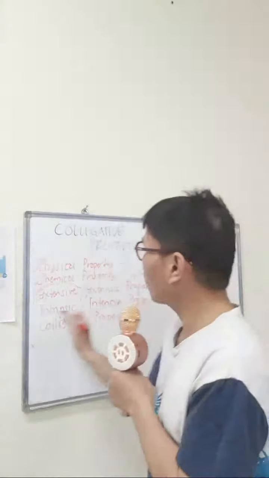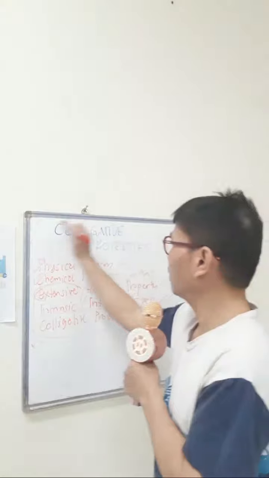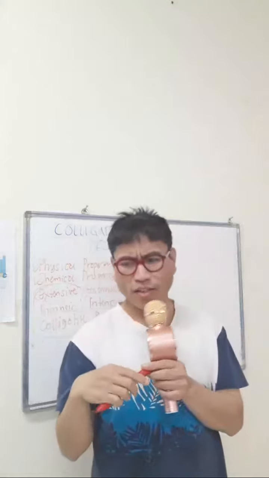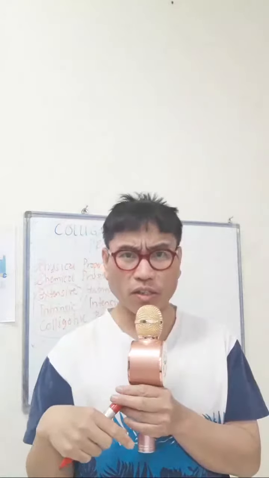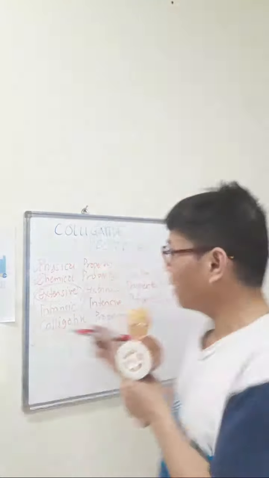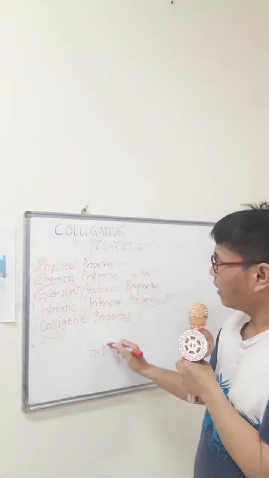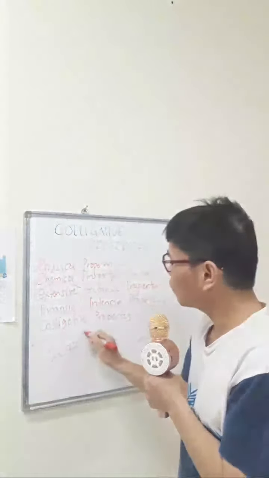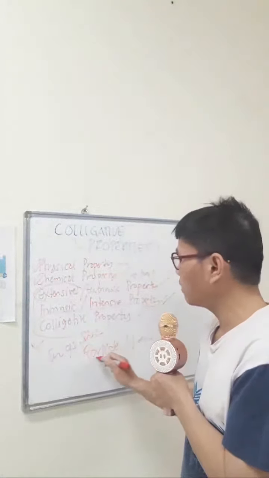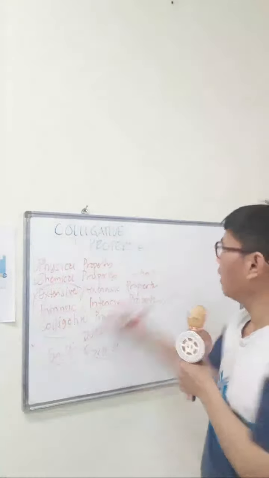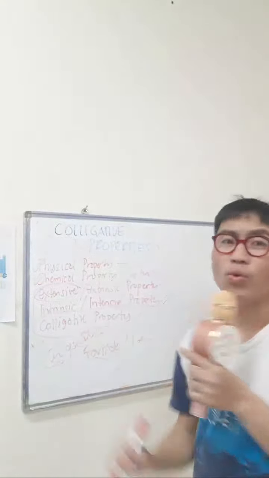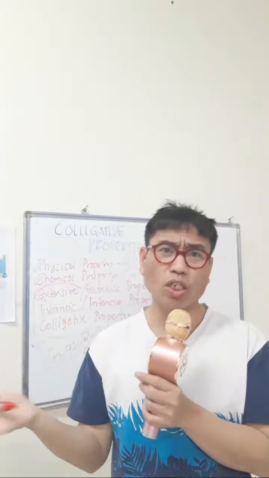And now we go to the colligative property. This is now our topic. It is a property of matter that depends on the concentration of the solute particles and ions. Take note: particles and ions. Concentration means the molarity, the molality, and so on, but for the solute, not for the solvent or the solution.